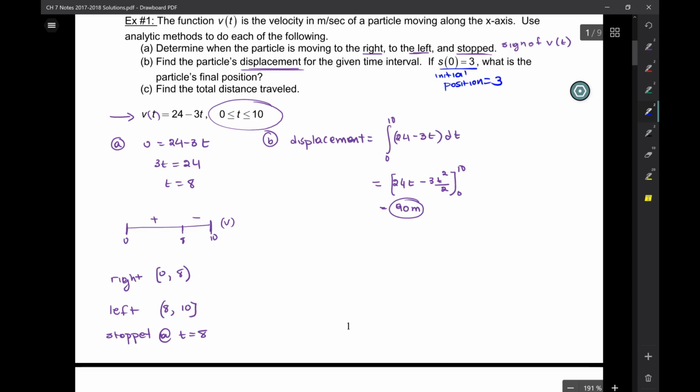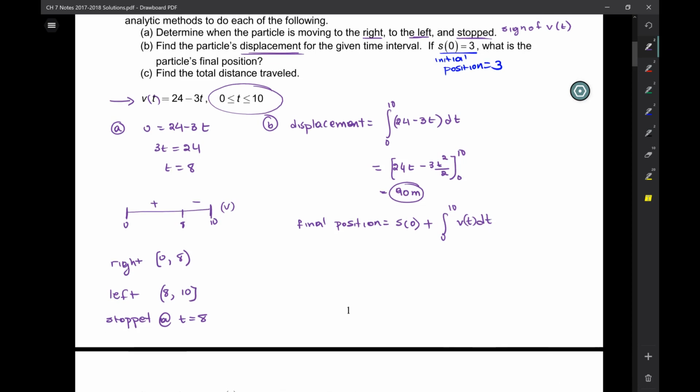Now it says, if S of 0 equals 3, initial position equals 3, what is the particle's final position? Well, final position is the initial position plus the displacement. You'll see it written like this a lot.